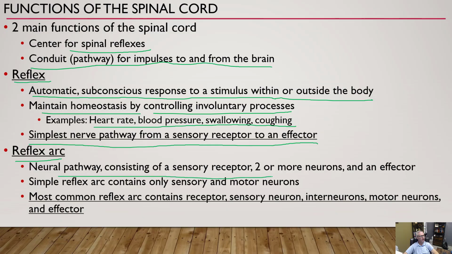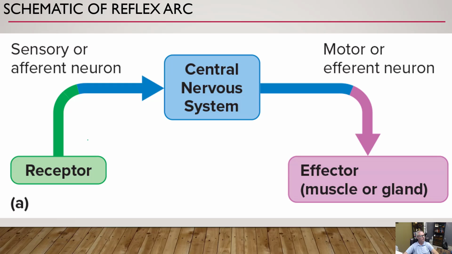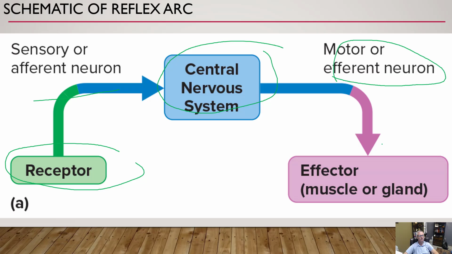Those are going to be your sensory receptor, two or more neurons, and an effector. Remember, receptor, sensory neuron, interneurons, motor neurons, effector. So we've seen this slide before. Your receptor, sensory afferent pathway, goes to the central nervous system, motor efferent neuron, and then that effector is going to be a muscle or a gland.